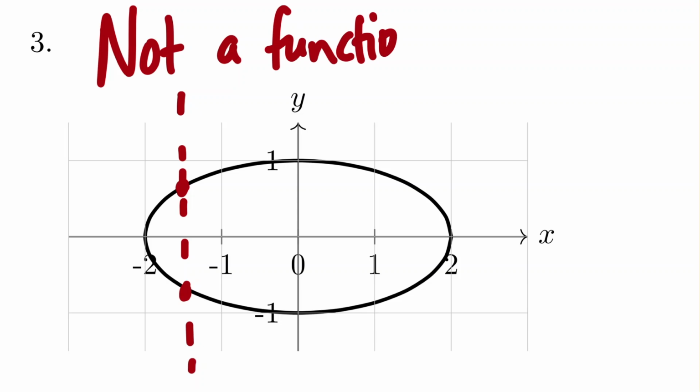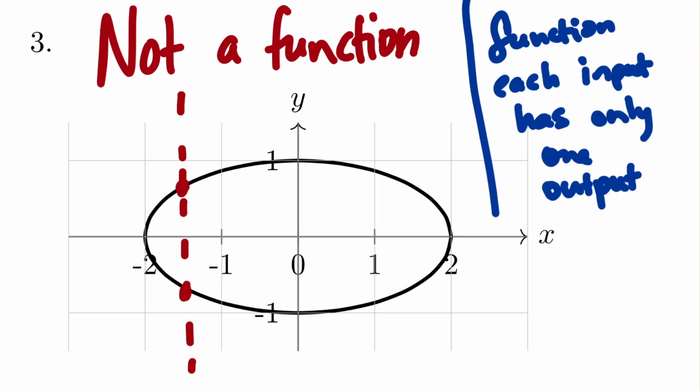And while we're looking at this, let me just quickly explain why the vertical line test works. Remember the definition of function. The definition of function is that each input, or x value, has only one output, or y value. The vertical line test fixes x values. For instance, this vertical line goes through this x value. But do you see for this x value, this graph has the y value here.